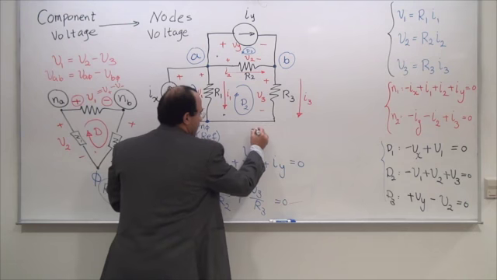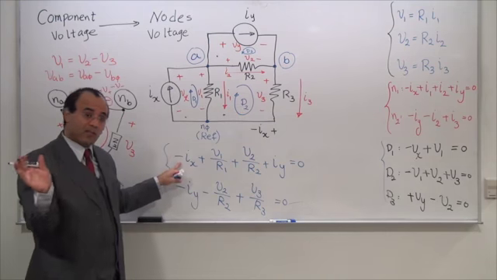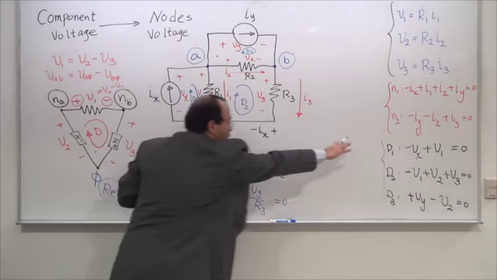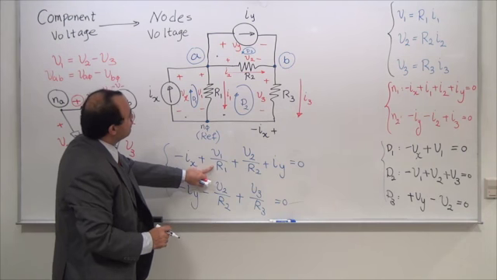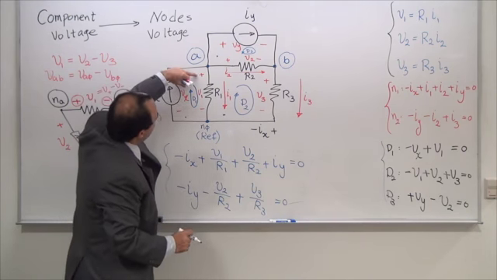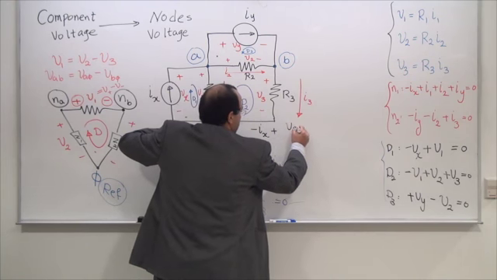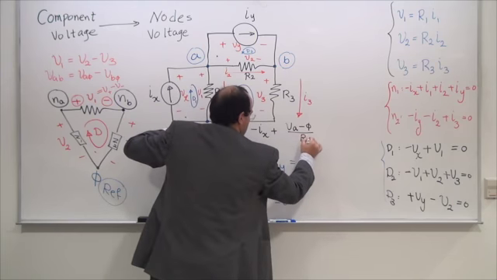Minus Ix. Remember, as soon as I change the component voltage to the node voltage, I'm going to take care of this guy. When I want to say V1, V1 is the plus side minus the minus side. It's VA minus 0, so it's going to be VA minus 0 divided by R1.